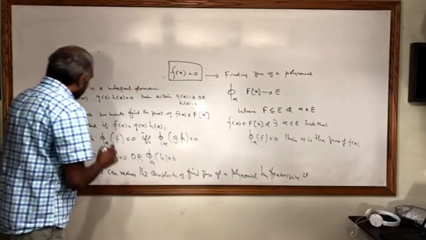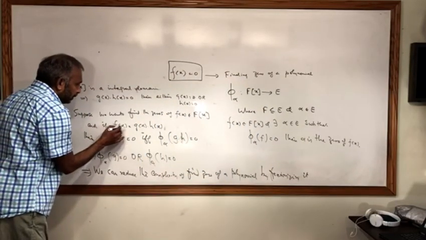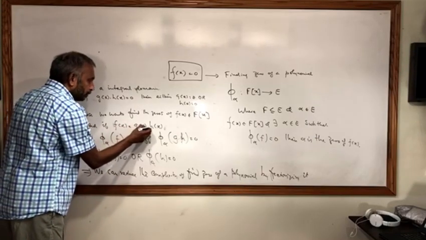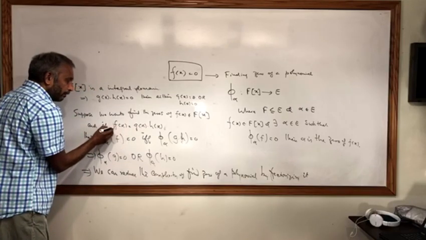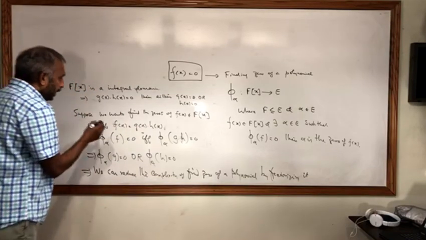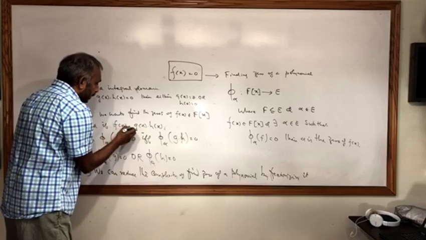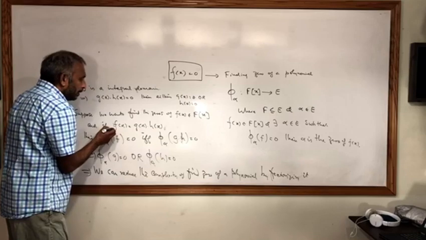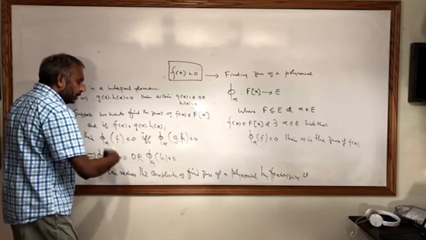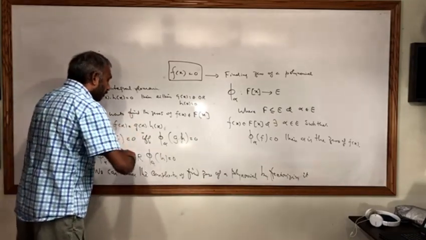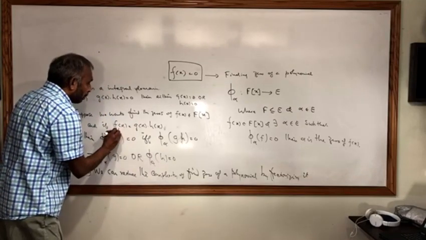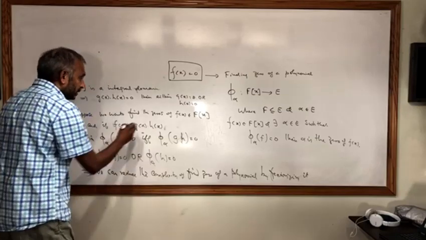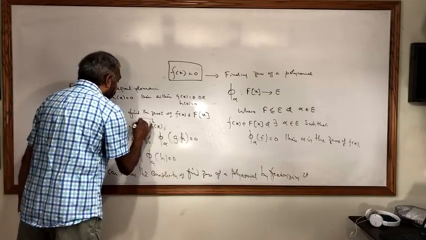See, when you say f of x is equal to g of x times h of x, that means g of x and h of x are factors of f of x. And if we can write it as polynomials of degrees less than the degree of f of x, we are reducing the complexity of finding the zeros of f of x by finding the zeros of g of x or h of x, because these polynomials are of lower degree.